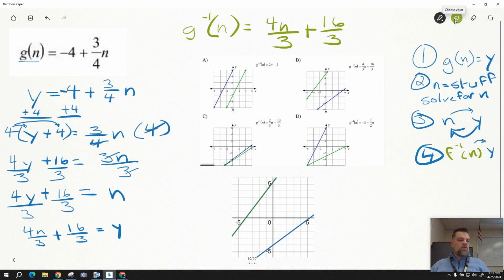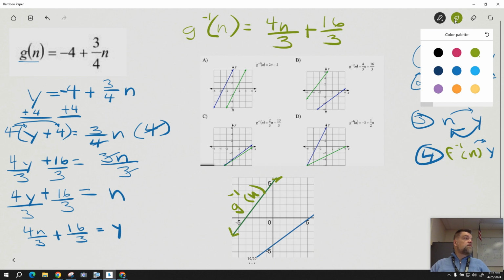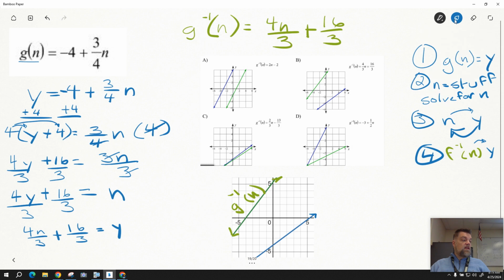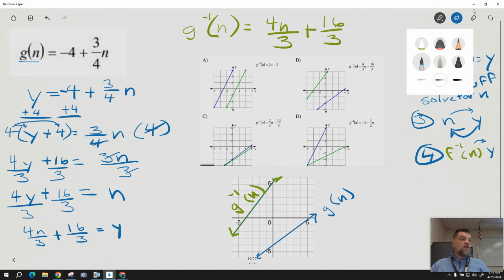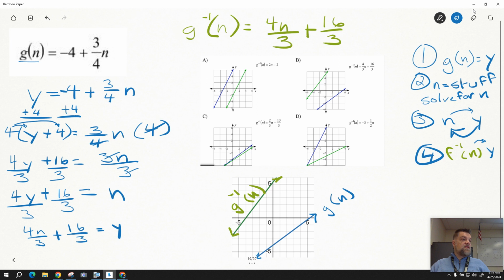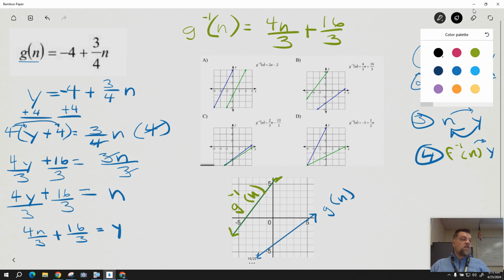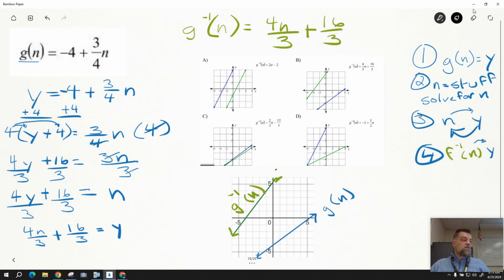And so let's label that real quick. So this would be G inverse of N. And this is G of N. And the way this would work is this line right here is kind of like y, and we do this in science all the time, and this would then be the n-axis.